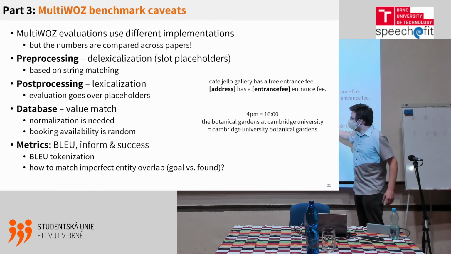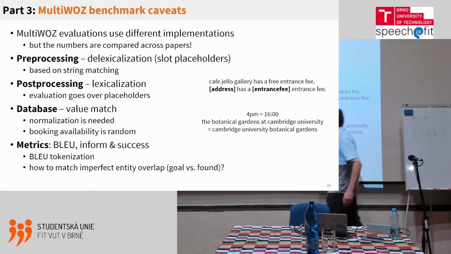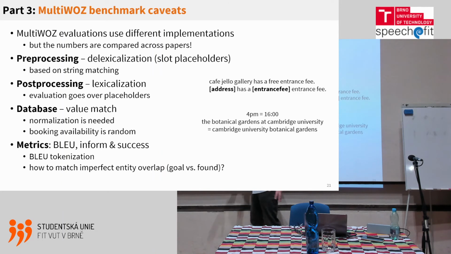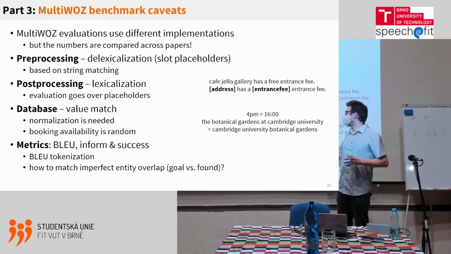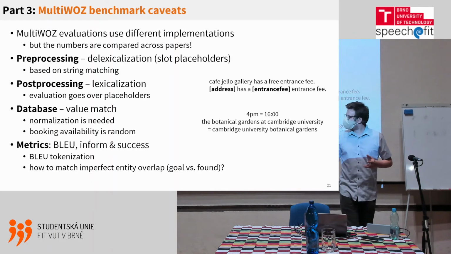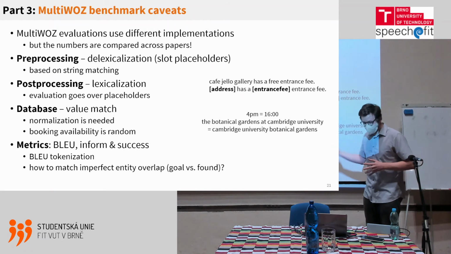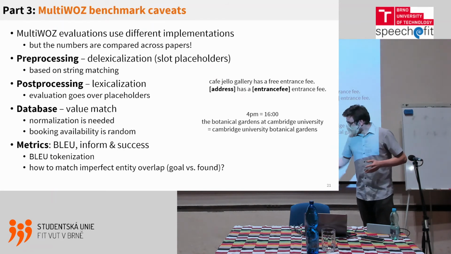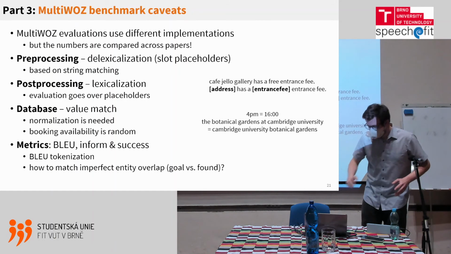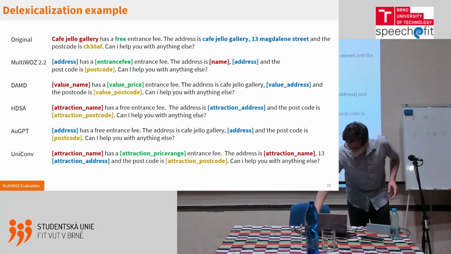One problem is database matching, and one problem is also the BLEU score and its implementation, and basically how to determine if your dialog was successful. If, like, 4 different hotels match and your system found one of them, is it successful or not? Should it have found all 4 of them? How you compare, and these implementations all differ.